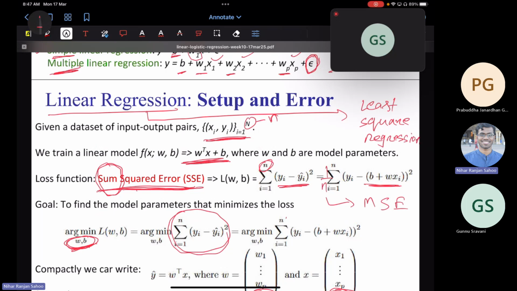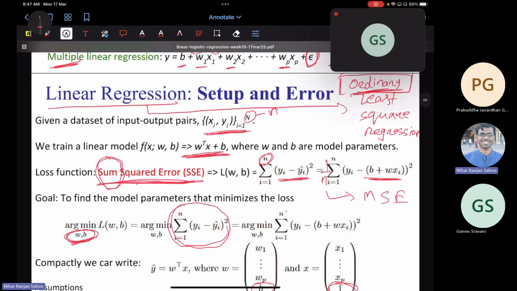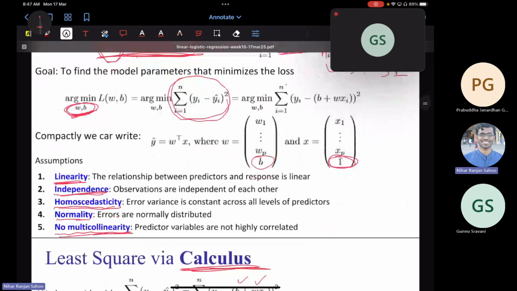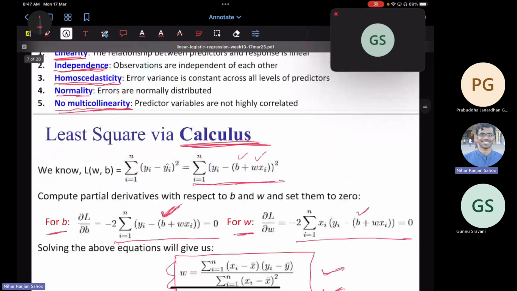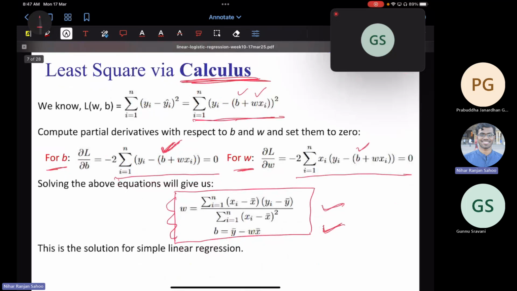And many times in textbooks, they will append one prefix also: ordinary least square regression. What is ordinary about this ordinary least square regression? We will discuss towards the end. Whatever we'll be discussing throughout your syllabus is ordinary least square regression, but we'll discuss the other variants first.